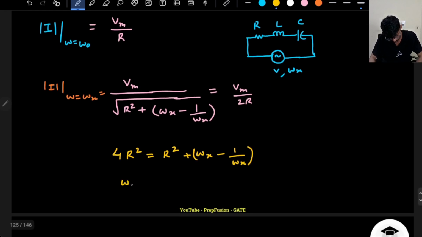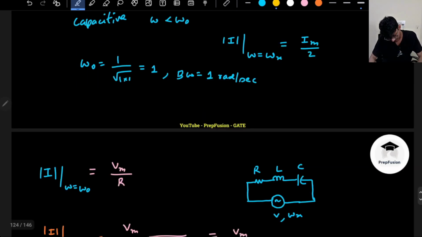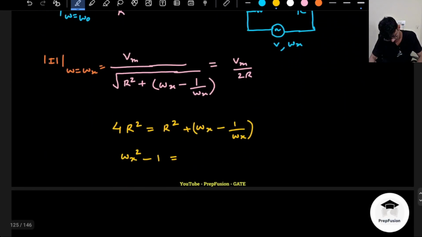So omega x squared minus 1 equals 3R, and R is already 1, so this will be 3 omega x.